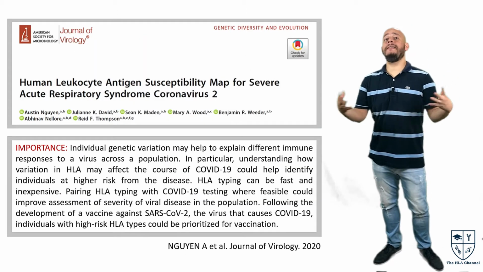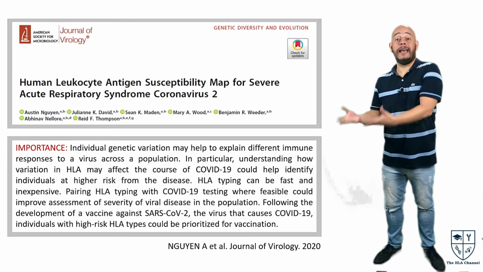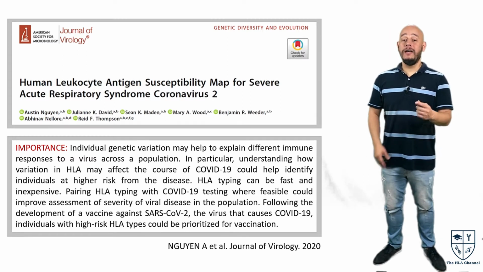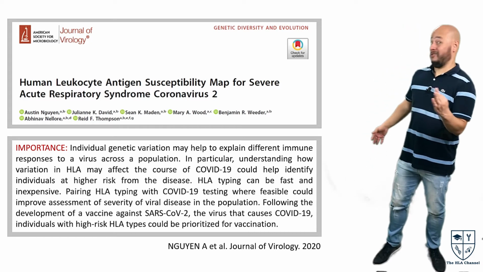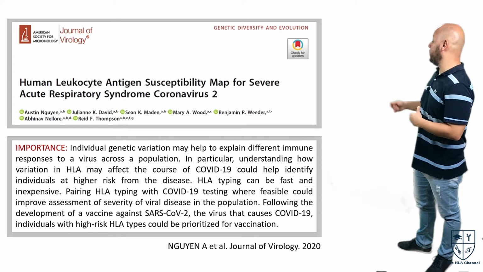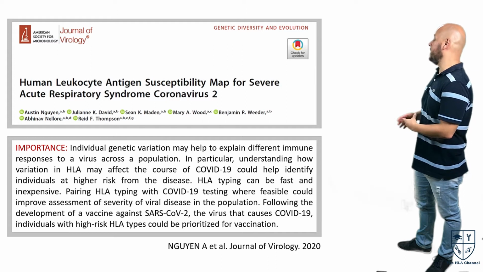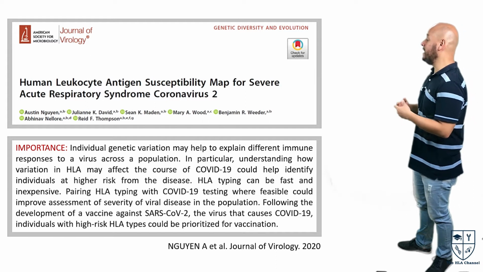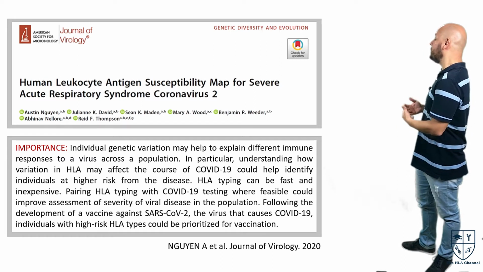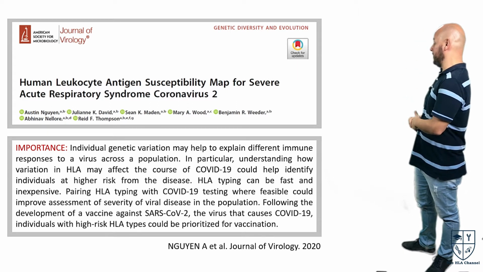If we have many things that can influence the disease, why study HLA? In this paper, we have a beautiful explanation and I will try to read it for you. Individual genetic variation can help explain the difference in immune response to a virus in a population. In particular, understanding how the variation in HLA can affect the course of COVID-19 can help to identify individuals at greater risk of contracting the disease.